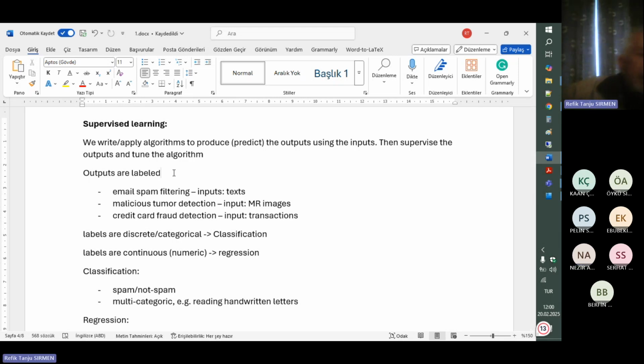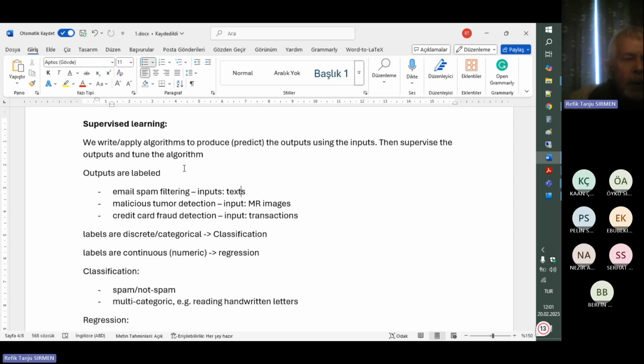By looking at the input and output, since we know the output in advance, as we say the outputs are labeled, such as this email is spam, and we also provide the input, the text itself, we apply correlation analysis and regression analysis, all this stuff, and come up with some specific model, and that model is tested after training on sample data whose outputs, the labels, are also known in advance.